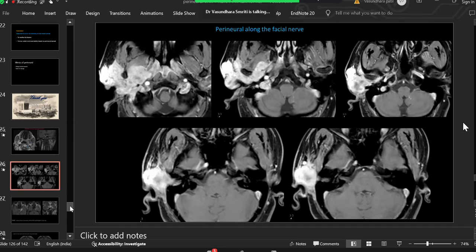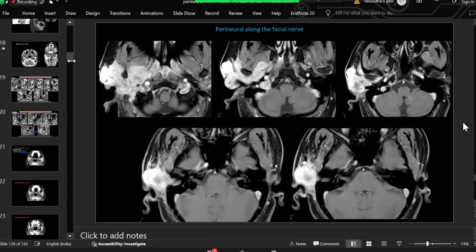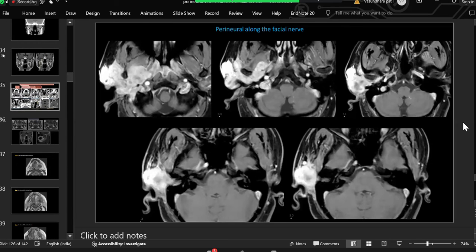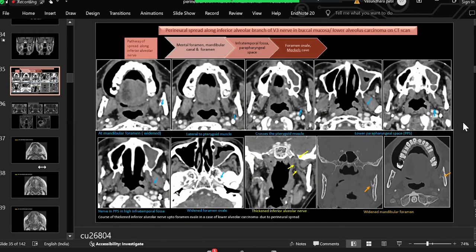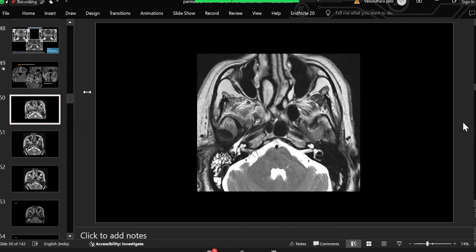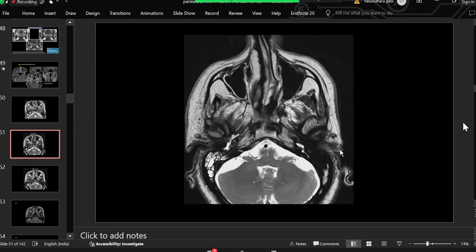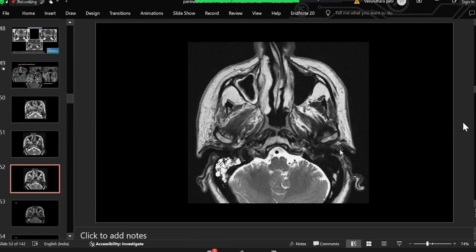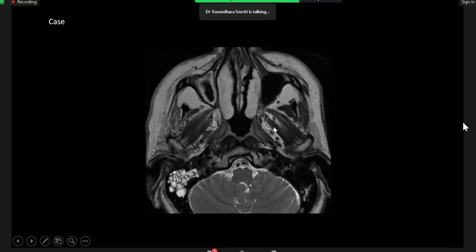Auriculotemporal nerve. Okay, let's trace the auriculotemporal nerve. So this mandibular nerve divides into three over here, the lingual, the inferior alveolar, and the auriculotemporal.